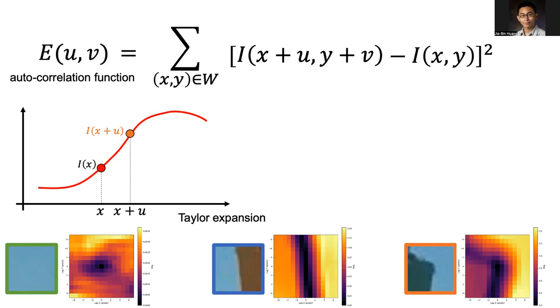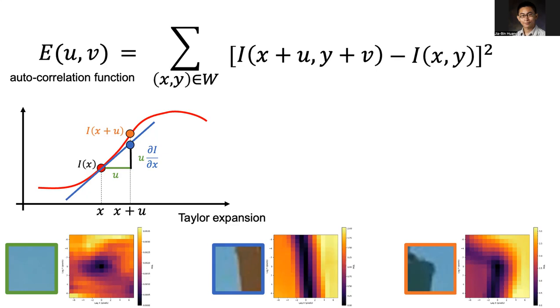If I move x a little bit, to x plus u, you want to get I(x plus u), but you don't want to evaluate that signal directly. If you know the gradient, the change along the x direction, the slope at that location, you can approximate it by taking I(x) plus the x shift u times the slope, which is the gradient.